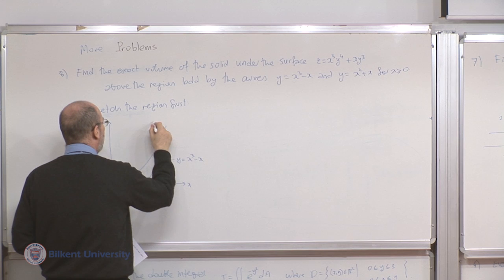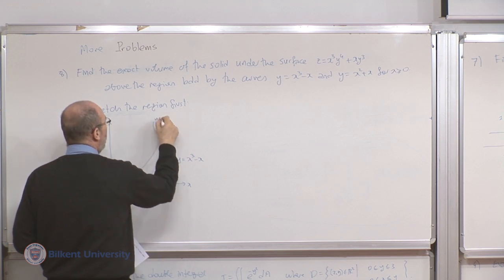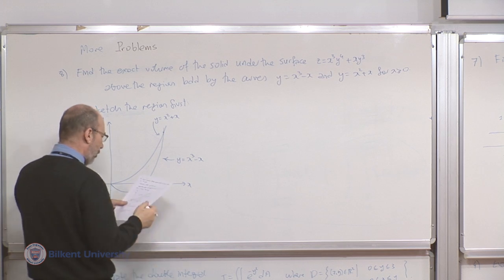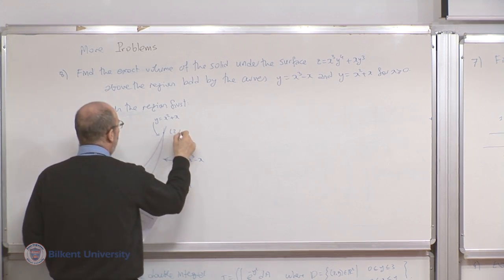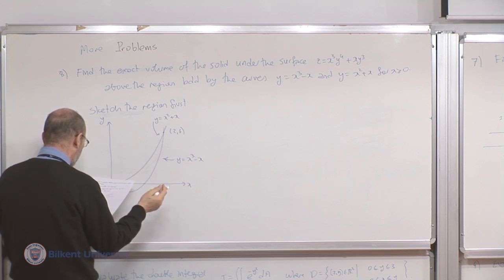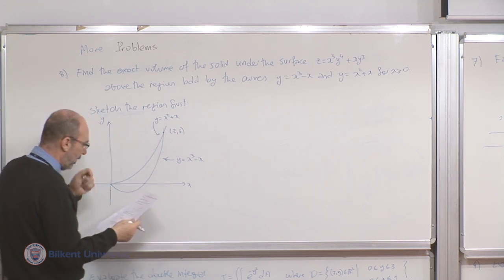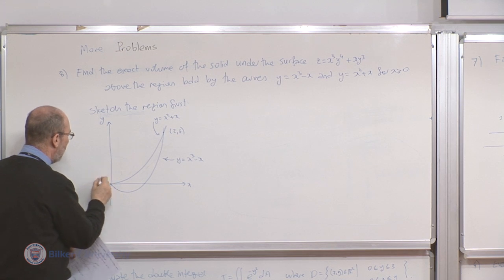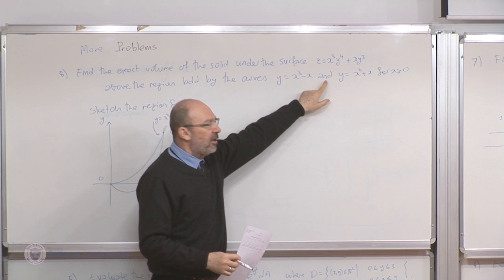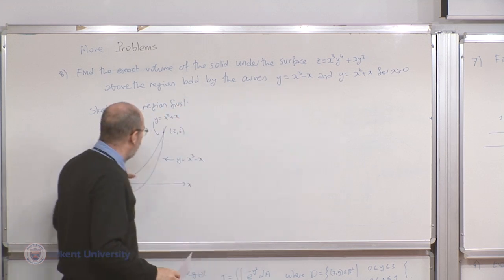This curve is y equals x cubed minus x. The other curve here is y equals x squared plus x. This point is, well, I found this (2, 6). I don't think we'll need that point, so I'll leave it there. We decided to integrate with respect to y first and everything is solved, so no problem.